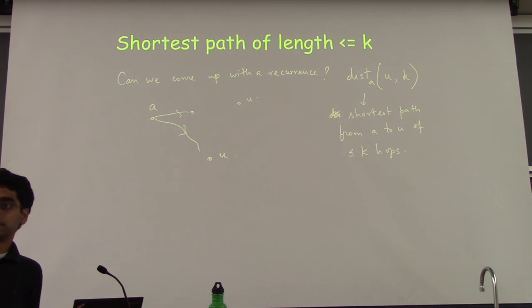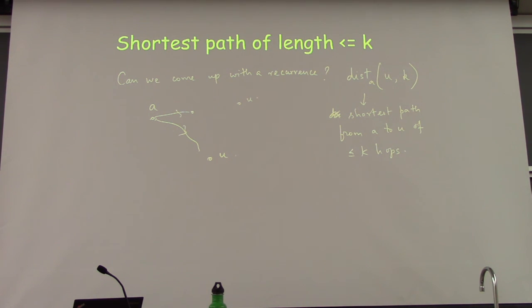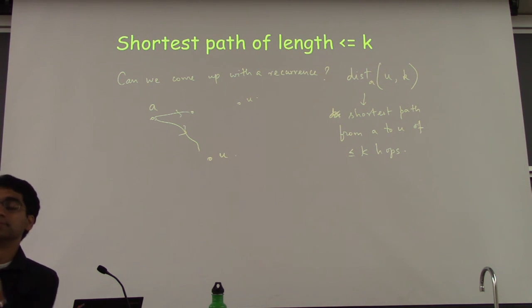Yeah. So if we know the distances from the neighbors of A to U with k minus 1 length, then we add the weights to those distances.